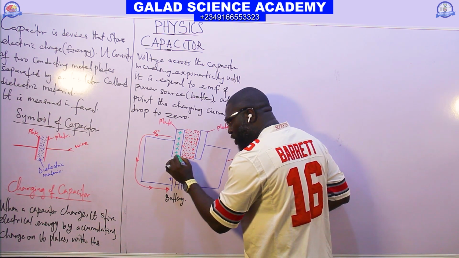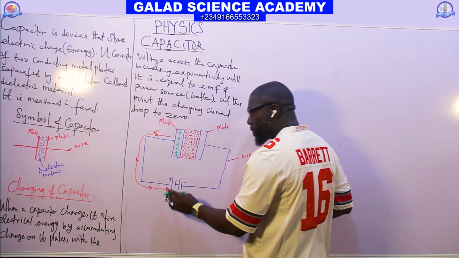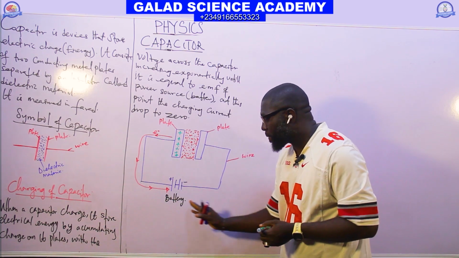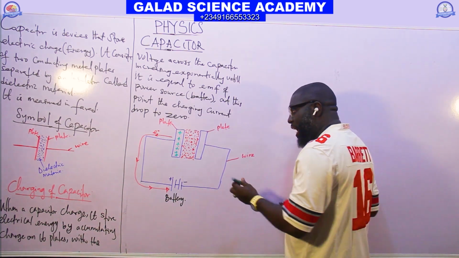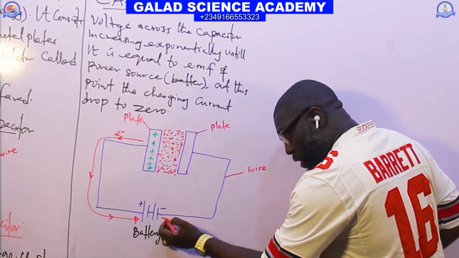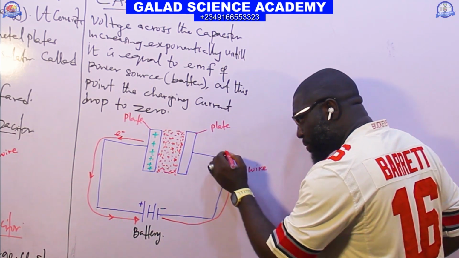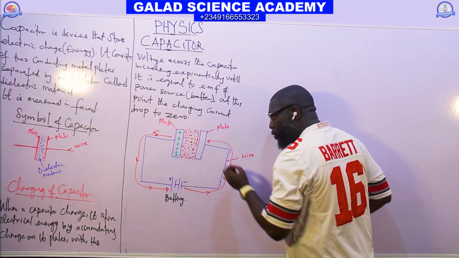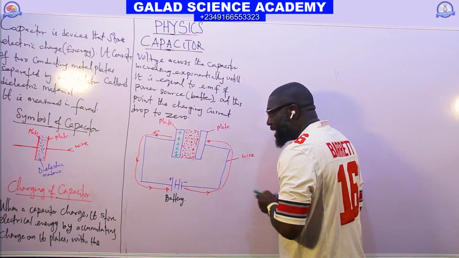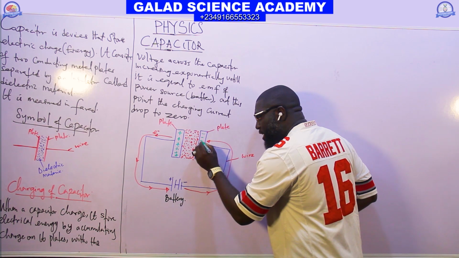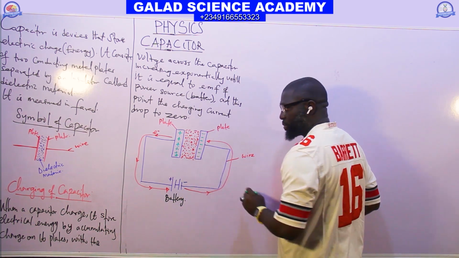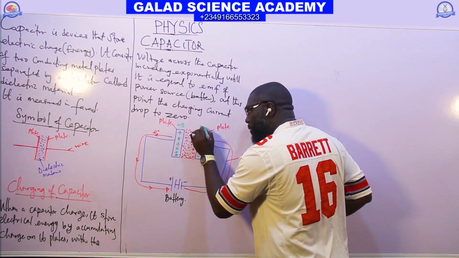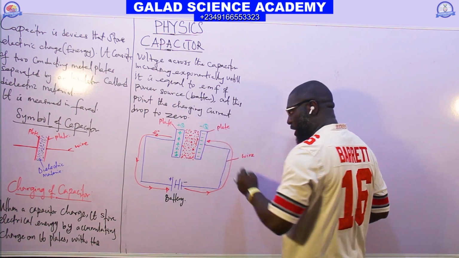The accumulation of charge will take place on it, and the scenario will continue like this, while the other plate accumulates a negative charge. So this plate will have positive charge and this plate will have negative charge.